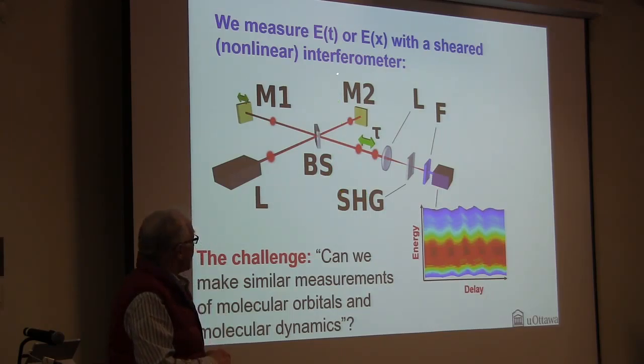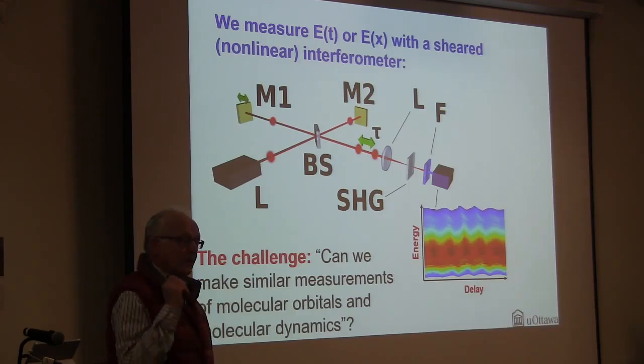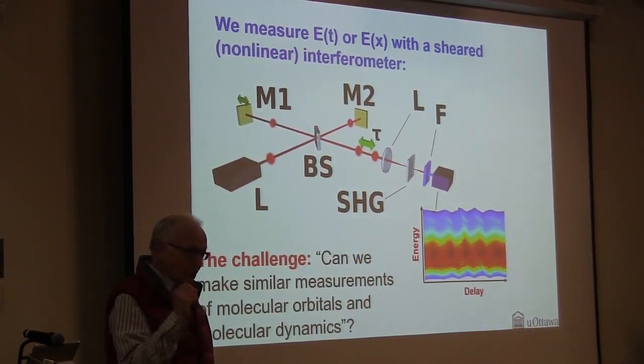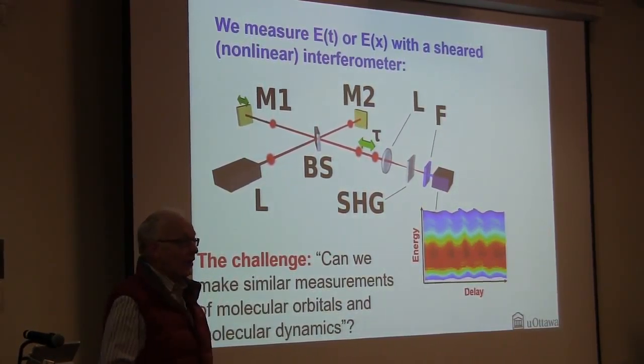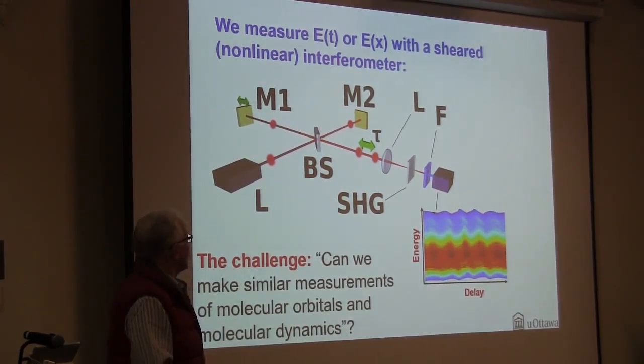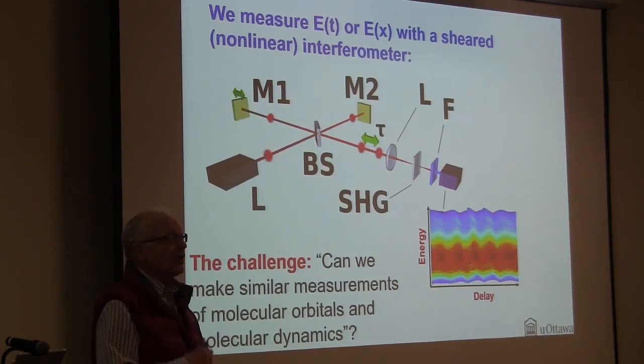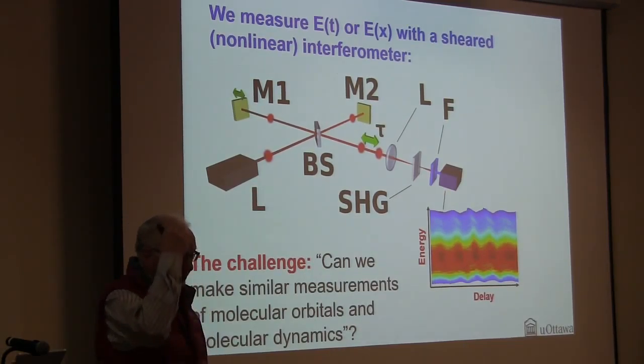If I make it, that's a FROG setup, and I think the first lecture I told you that we can measure E as a function of t, amplitude and phase, all aspects of the pulse, using a FROG setup, which is an interferometer, a nonlinear interferometer.